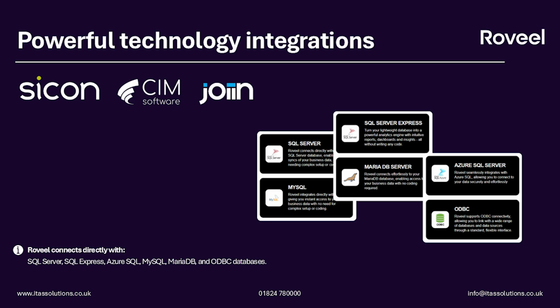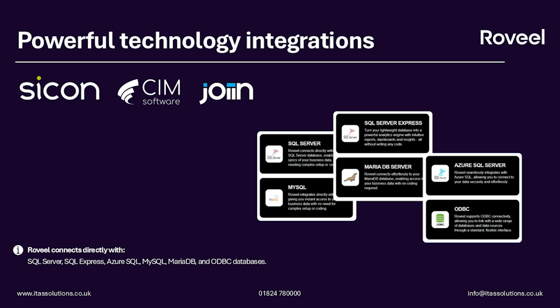So I talked briefly about other integrations. We integrate with Sycon. So Sycon provide a whole suite of tools that bolt onto Sage 200. So be that manufacturing, barcoding, and warehousing, the kitting module, construction projects, that kind of thing.